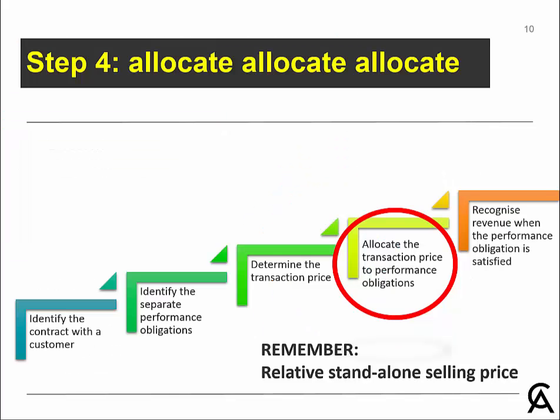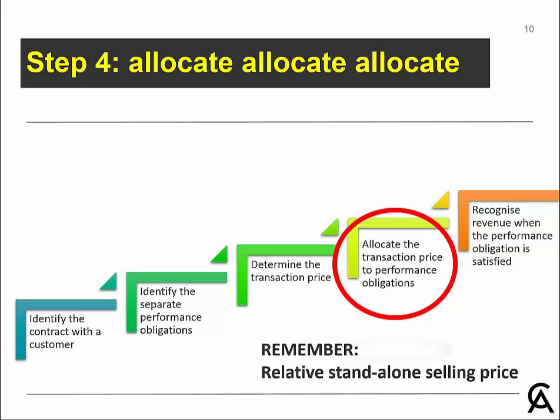Step 4 of our 5-step model asks us to allocate the transaction price. So this is all about allocation, and it's all about allocating that price across the different performance obligations. Now, the basic version, the golden rule here, is it should be relative to the standalone selling price if these are observable. We only go to other possible estimates if we can't observe that standalone selling price.